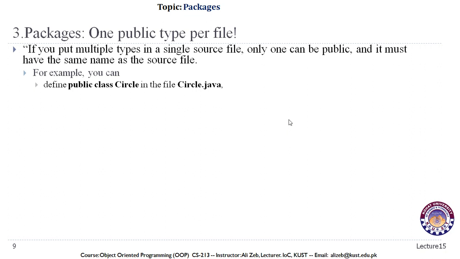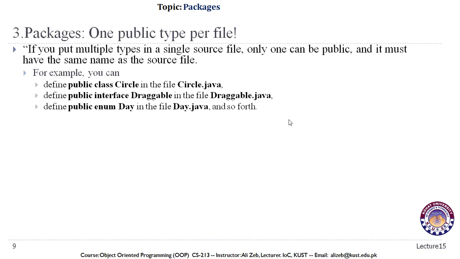That is what we have been doing from our first class. Define public interface Draggable in the file Draggable.java. Interfaces we are going to discuss in our upcoming lectures. Public enum Day in the file Day.java. So enum is another type that we can use for our file names.